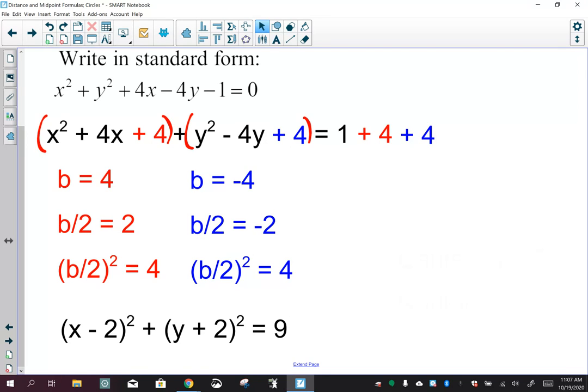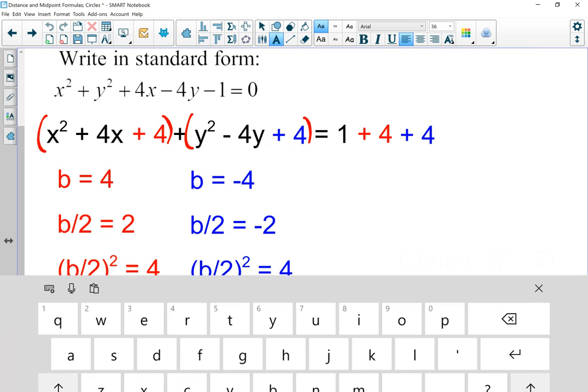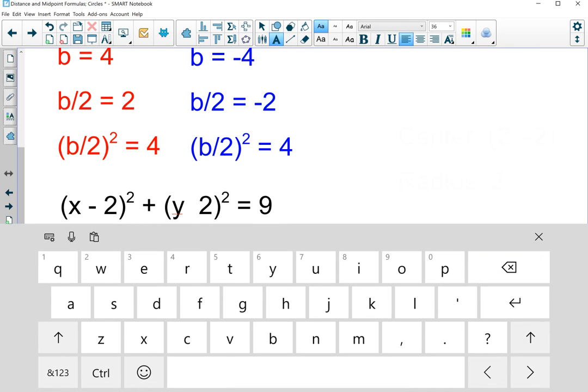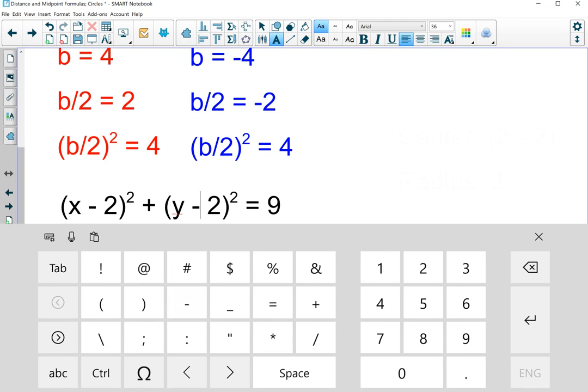Oh, I made a typo. So let me fix that real quick. So that's actually a negative right here. And then over here, that should be a positive.